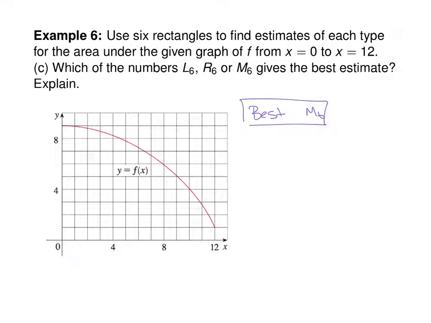And my explanation is that this one is both over and under estimates, or the errors kind of cancel out a little bit. You just can't justify your answer. Yeah, like there's some reason why you think that's true.